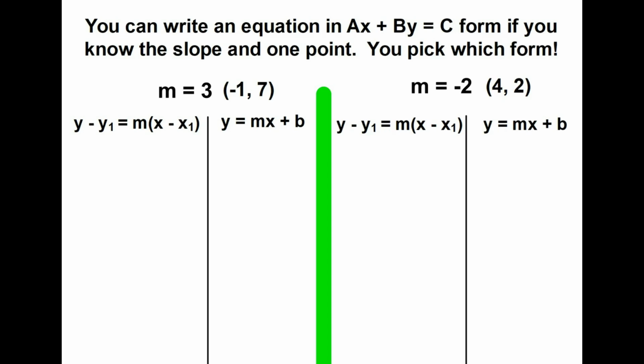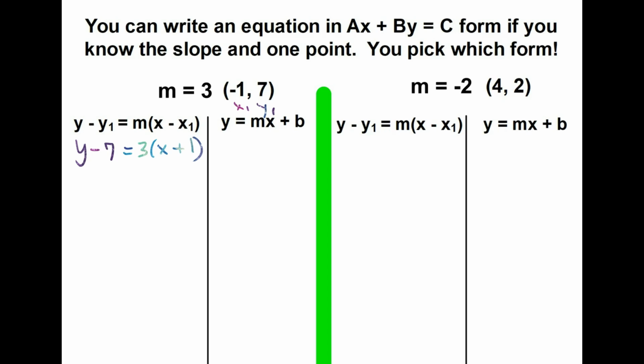If I use point slope form, here is my x sub 1, my y sub 1, and then I plug them into my formula. So I end up having y minus y sub 1, which is 7, is equal to 3 times x plus 1, because that's negative, and we know minus a negative is a positive.